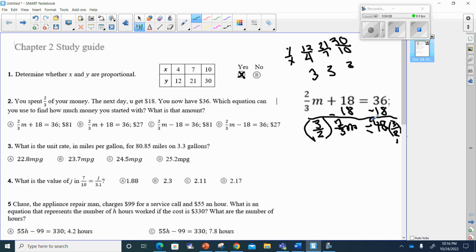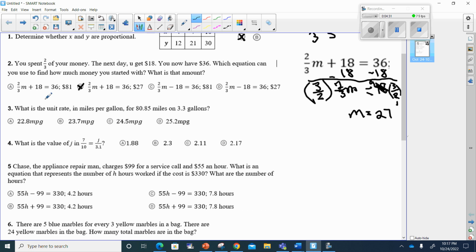Now I have 9 times 3. All right? And this is not 48, this is scratching through it. 9 times 3 is 27. And so m must be 27. And that's going to give me not A, but actually B. So B would be my answer here.